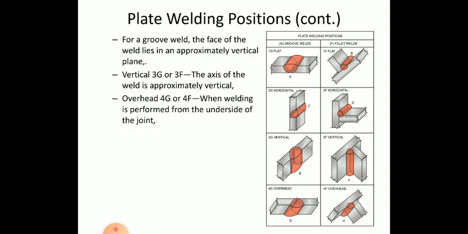As you can see, that is the groove that is basically provided. And the 5G position is also shown over here, where the pipe is parallel to the horizon, and the weld is vertically around the pipe. You can see the circumferential welding. So that is the welding positions.